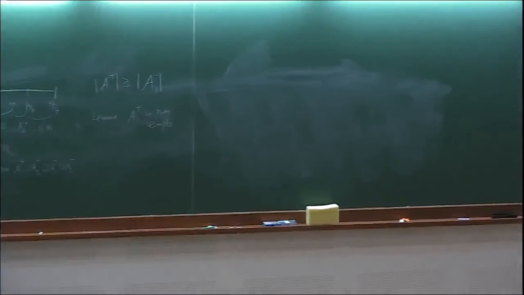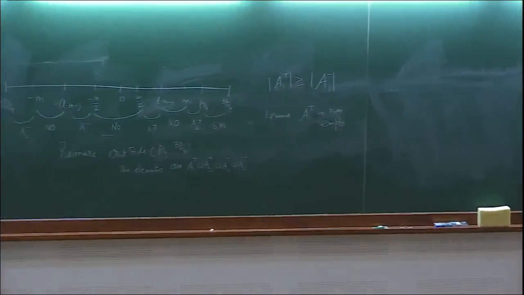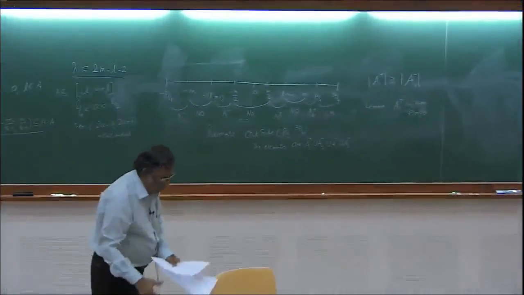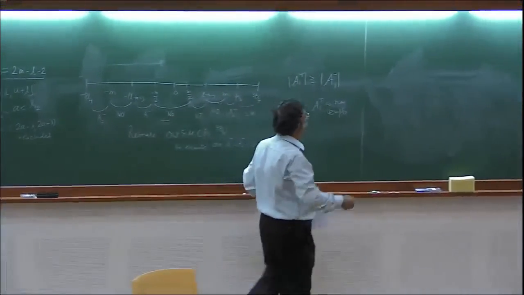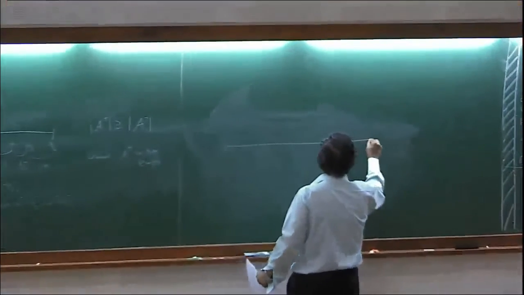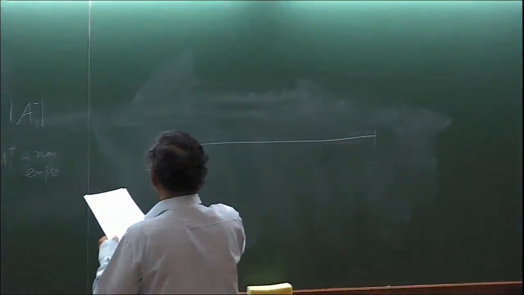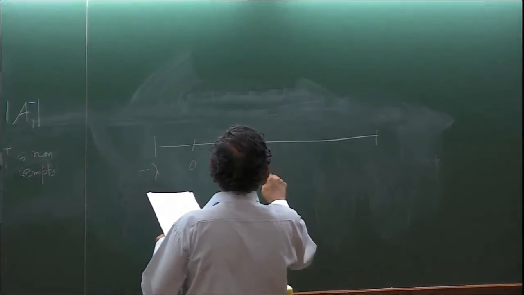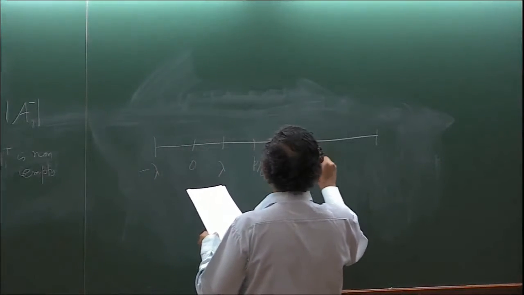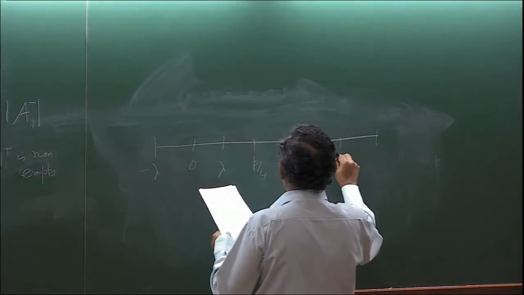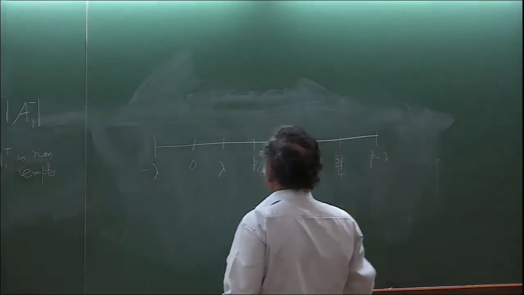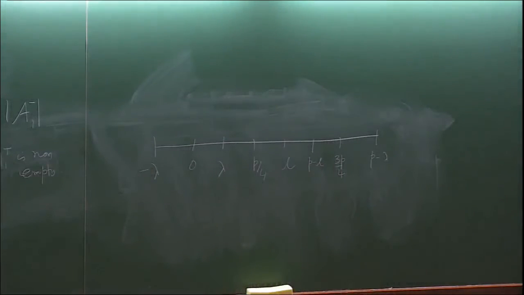For the last step, of course, I am going to take a still different model, and that will prove the last step. I'm just taking the model from minus lambda to P minus lambda.